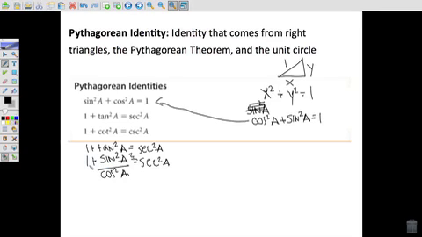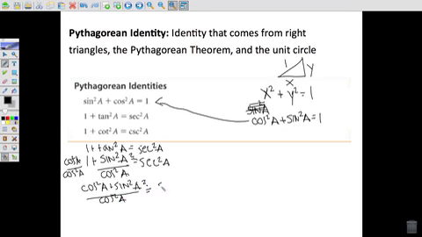So then I want to make this all one term on my left side. So I'm going to multiply my 1 by cosine squared a all over cosine squared a. So then, once I multiply those and add them together, since they now have the same denominator, I'll get cosine squared a plus sine squared a all over cosine squared a.